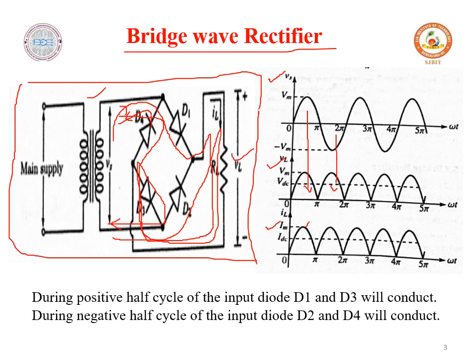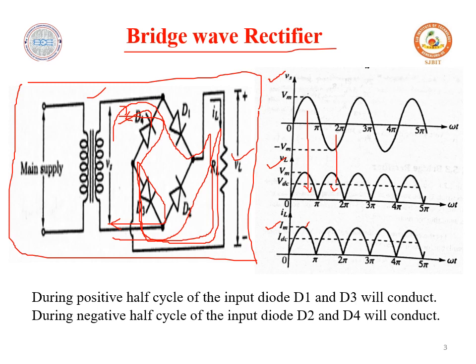We need to derive the AC and DC voltages and currents. Similarly, for the AC current and voltage, the RMS voltage and current, you can call them VRMS and IRMS. Then we need to find out the efficiency of the bridge wave rectifier.